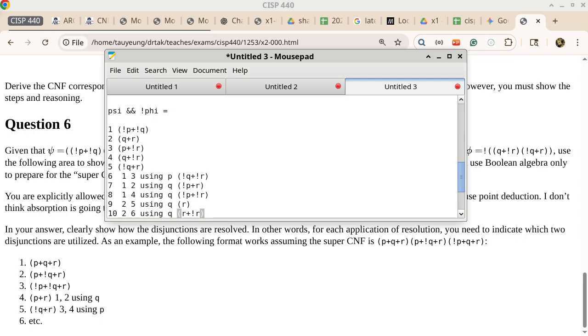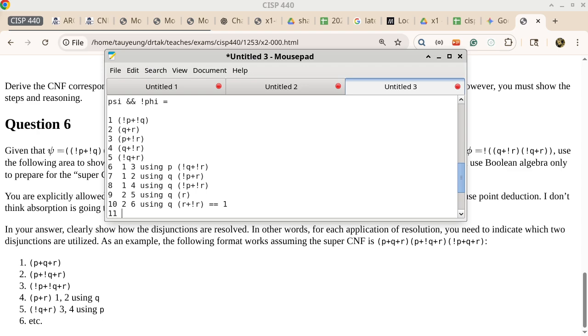No, because R and not R is just one. It's just true, so that is not useful at all. In a conjunction, if you have one term that is a one or a true, it doesn't do a single thing.